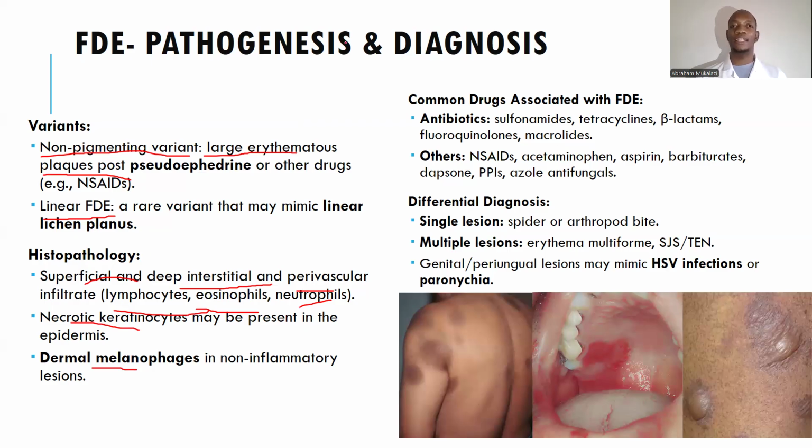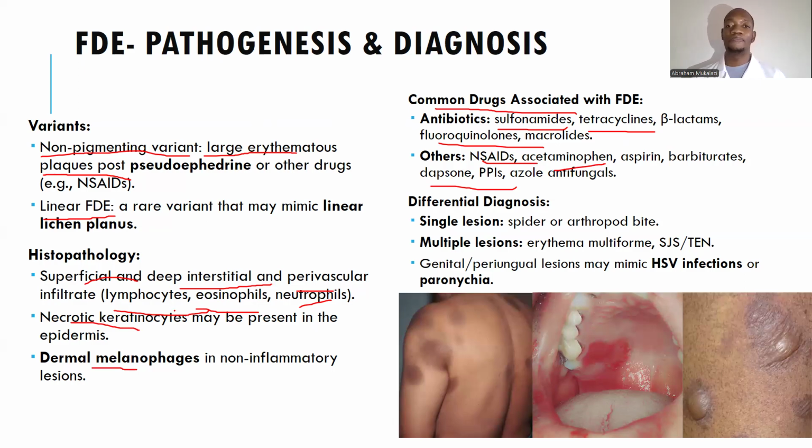Different drugs have been associated with this type of reaction, and these usually include antibiotics, sulfonamides, tetracyclines, beta-lactams, NSAIDs, even paracetamol. So it may be very tricky to identify which particular drug. And in some cases, you can even find that there's no history of medication.